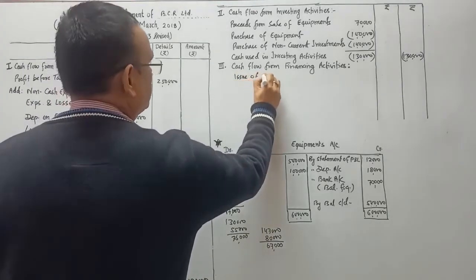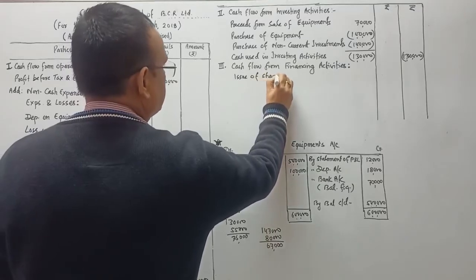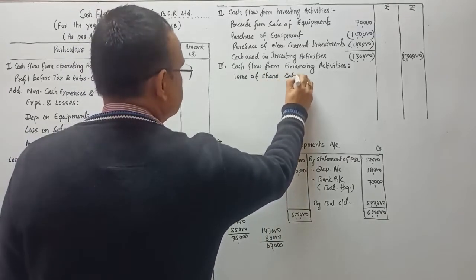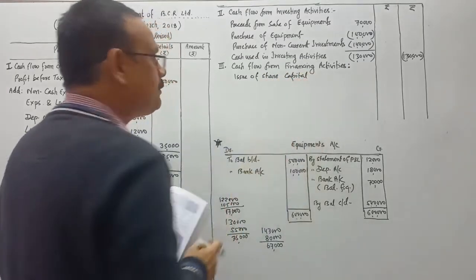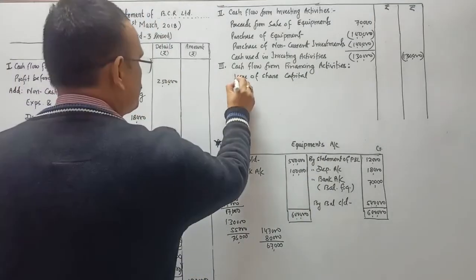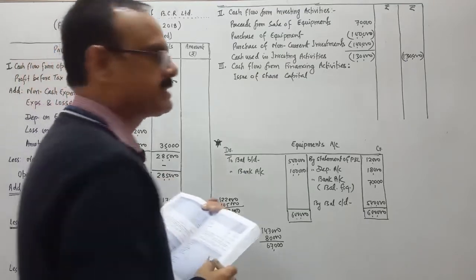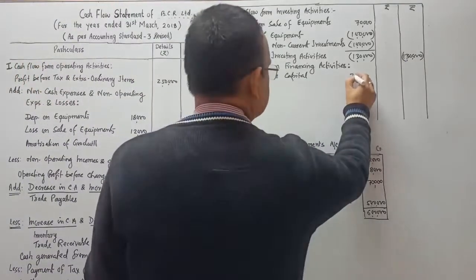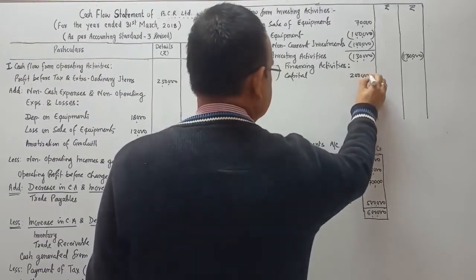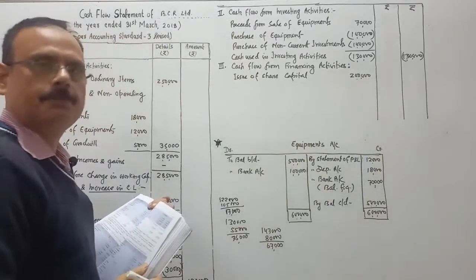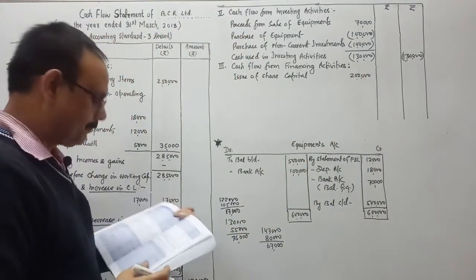Issue of share capital indicates what? It's an inflow of cash. The difference is 2 lakhs, so 2 lakhs of shares are issued. It's an inflow.